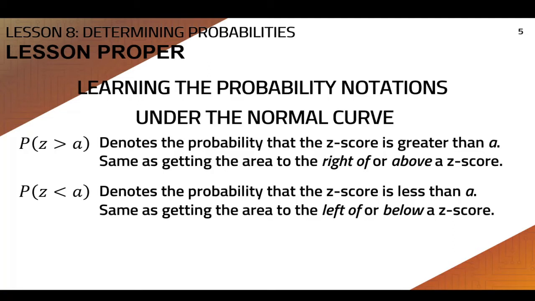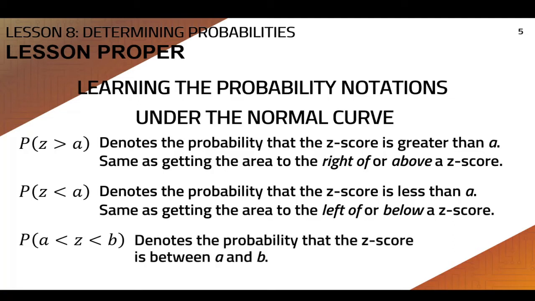Then, the probability that z is greater than A and less than B denotes the probability that the z-score is between A and B. This is just computing the area in between.